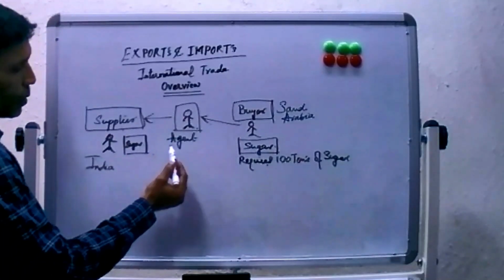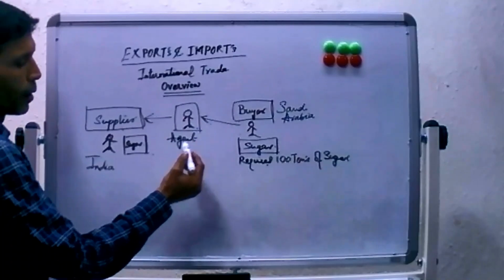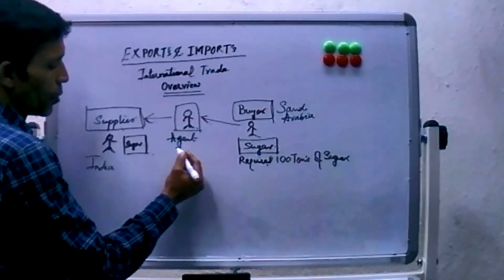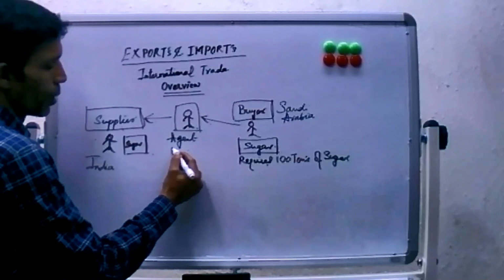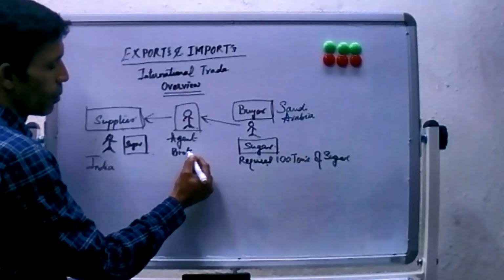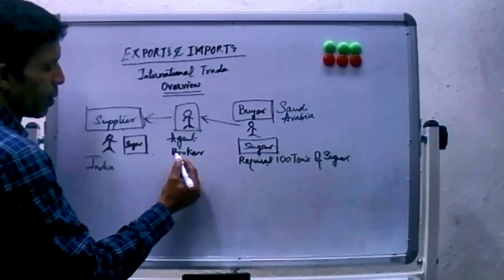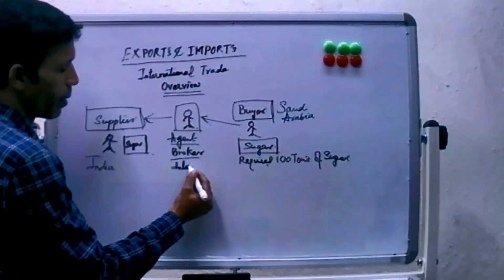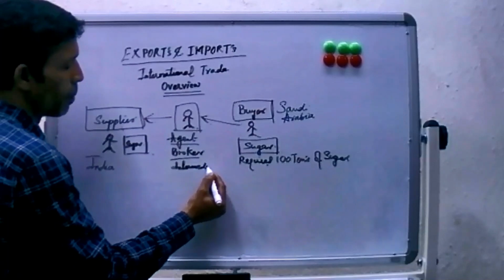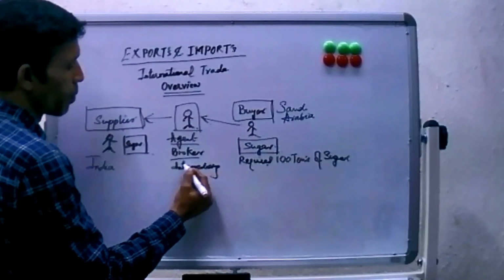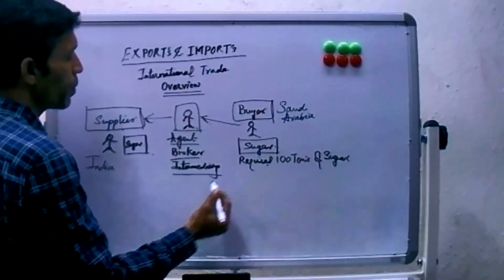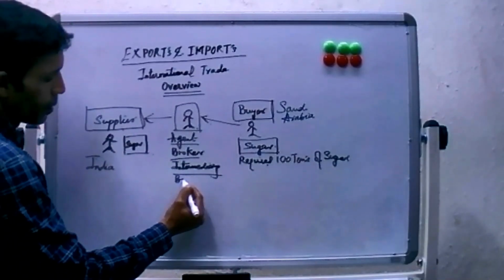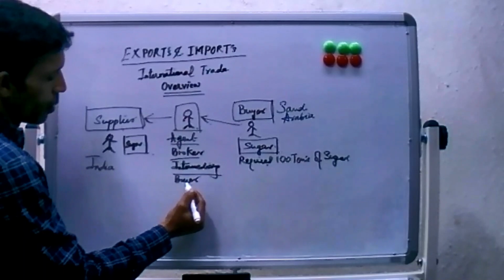The same is the thing: an agent is mostly a broker, can be called an agent, a broker, an intermediary, a buyer, or a seller.